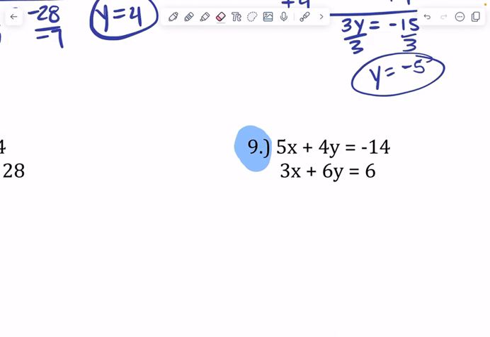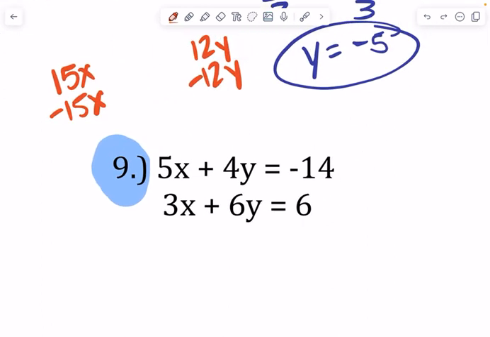So if you look at 5 and 3, you could make them 15x and negative 15x. For 4 and 6, you could make it 12y or negative 12y. Those are the lowest multiples that both of those values go into. So I'm actually going to try to eliminate my y, so I'm going to make them 12 and negative 12.